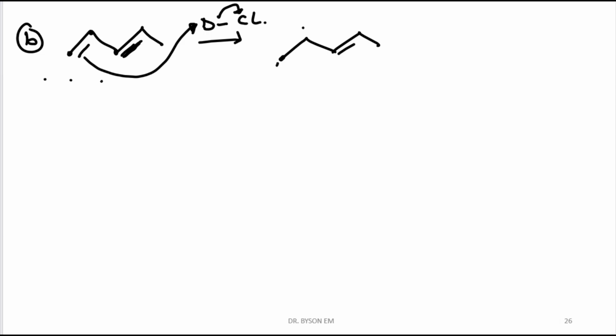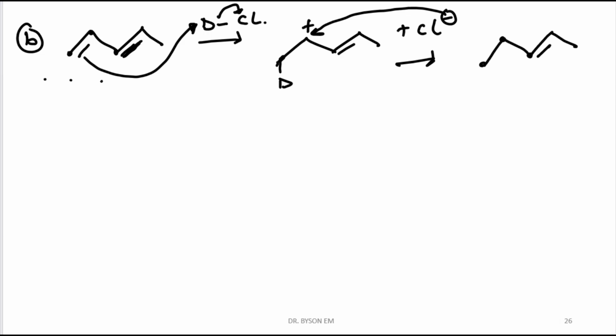The D will be added here, and then here there will be a positive charge. Then the chloride in solution that left will come and attack here. So your final answer will be this. The D will be there, and the Cl will be there. So this is a 1,2 addition.